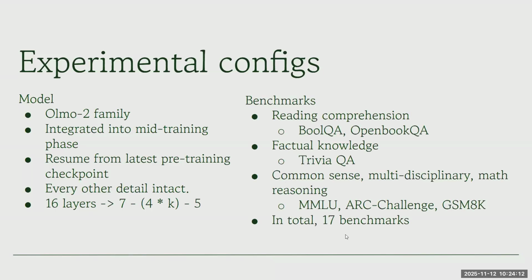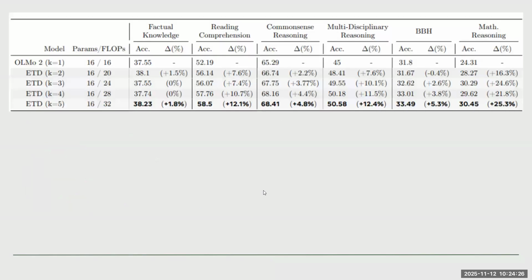And then they were evaluating across 17 benchmarks in a couple of different groups: reading comprehension, factual knowledge, math reasoning, multidisciplinary reasoning, common sense reasoning, basically a total of 17 benchmarks. And this was the main result.